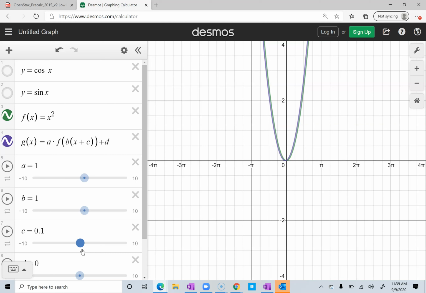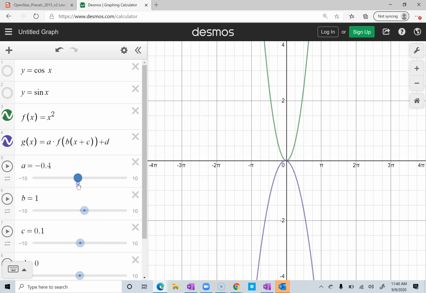Are y'all with me? The multipliers, which are A and B, stretch or compress. So A is a Y change. It's a vertical stretch or compression. As I increase A, it stretches it. As I make A smaller, it compresses it. If I make A negative, it reflects it.